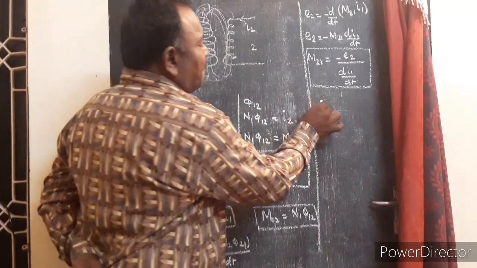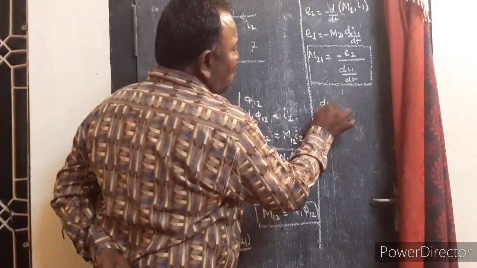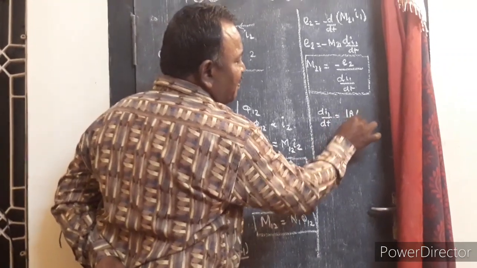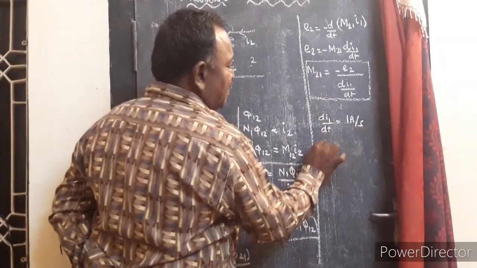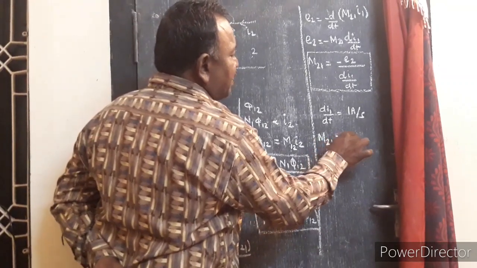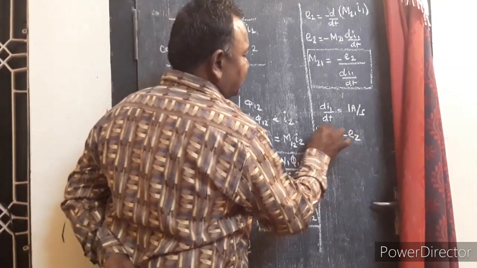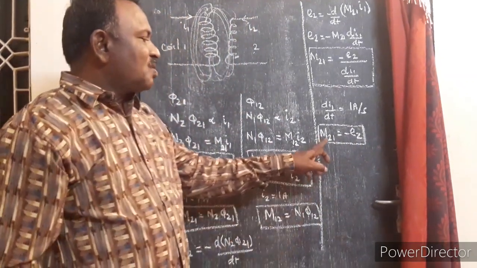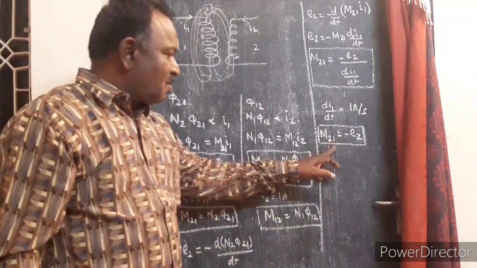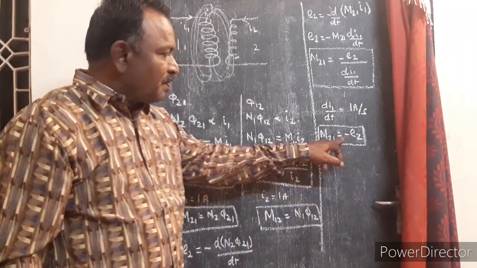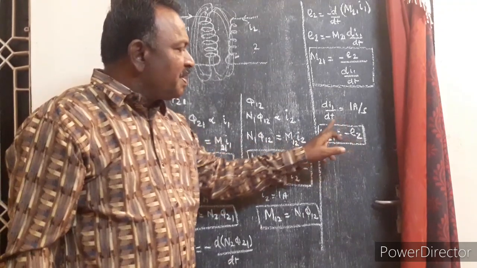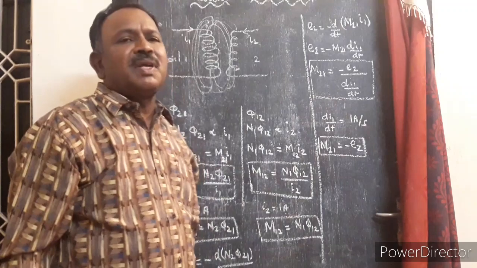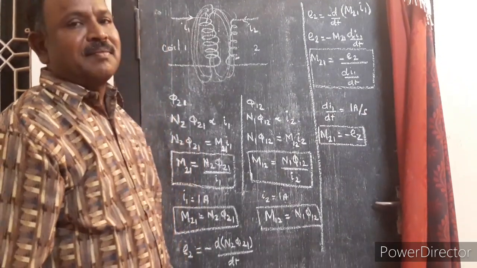Again, when dI1 by dt is equal to 1 ampere per second, then M21 is equal to minus E2. Mutual inductance of the second coil with respect to the first coil is equal to the opposing EMF induced in the second coil when the rate of change of current in the first coil is 1 ampere per second.